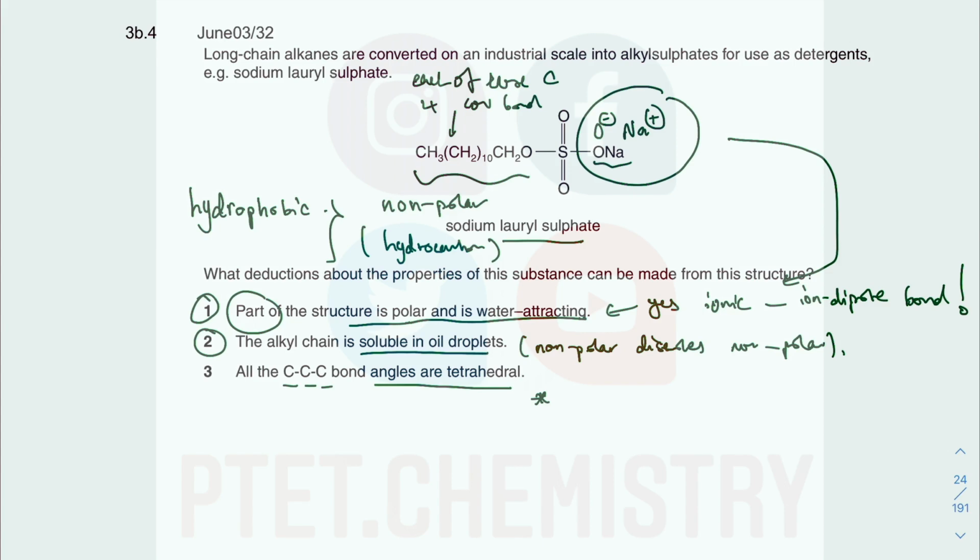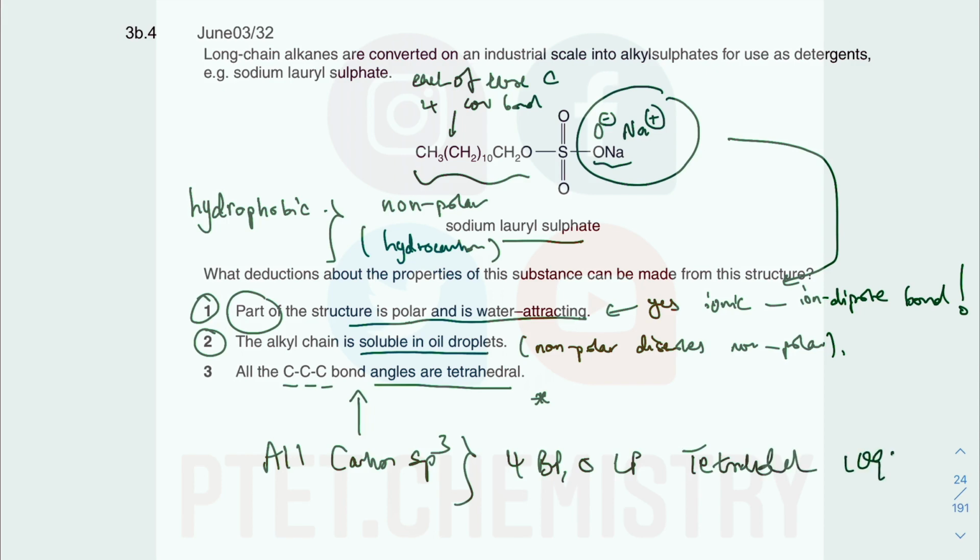Each carbon in between, there's an H and an H, one to the carbon and one to the next carbon. This is also a carbon bonded to 3 hydrogens and 1 to the carbon. So all the carbon is sp3, and that means 4 bond pairs, 0 lone pairs. That is 4 single sigma bonds. That is your tetrahedral 109 degrees. Okay, so all 3 of them are correct.